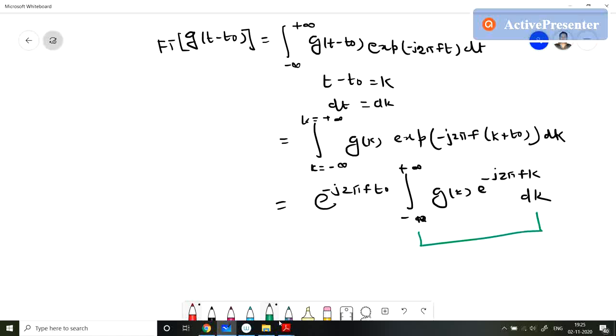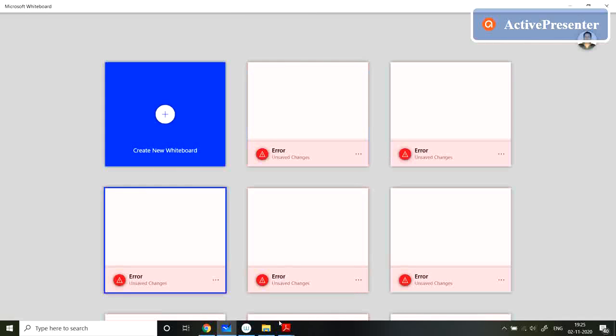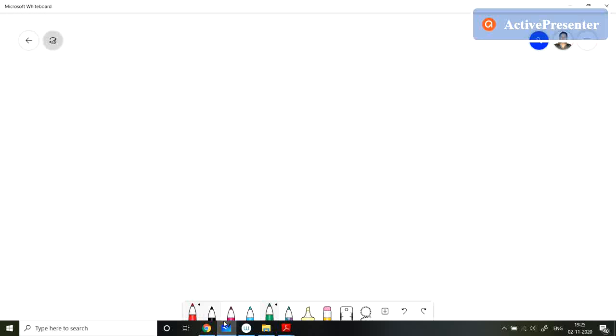If we see carefully, this is the Fourier transform G(f). So the Fourier transform of g(t minus t naught) is equal to e raised to the power minus j 2 pi f t naught times G(f).